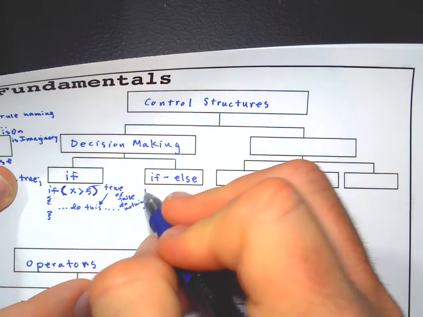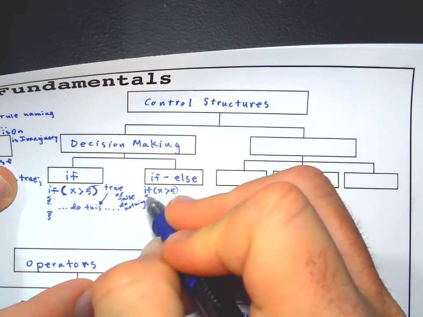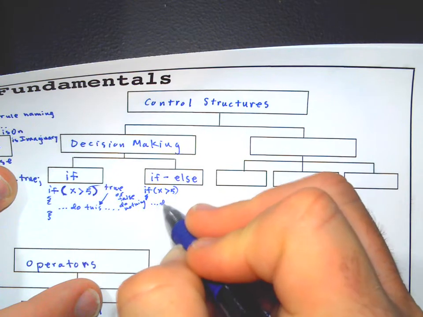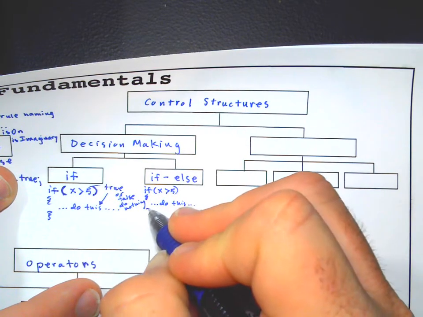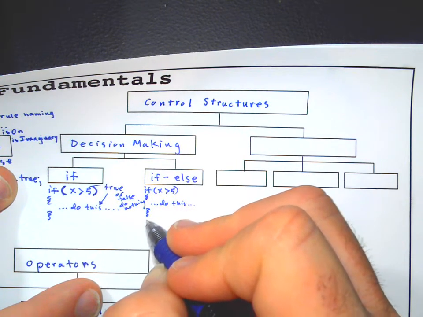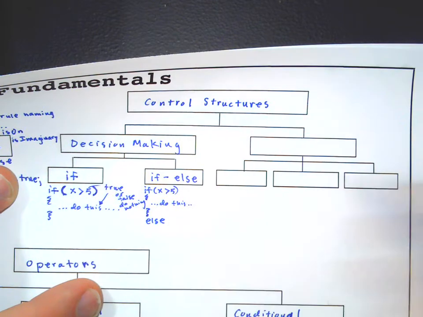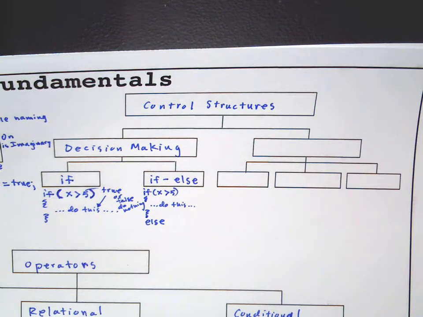So you could say if x is greater than 5, do this. And we could do multiple else ifs. We could put a bunch of them.